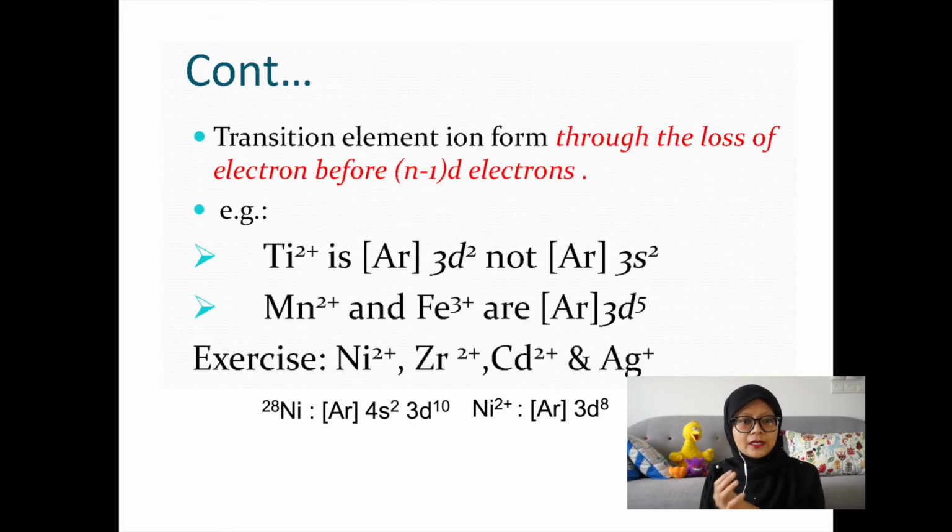Next, we have transition metal ions. The previous ones were in the neutral or ground state, and here we have ions, so we have a charge.